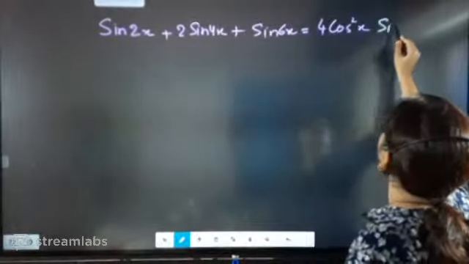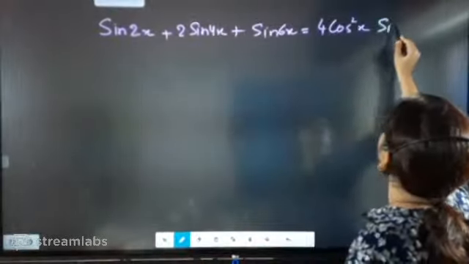Now look here, beta, first focus on what you have to bring here. You have to bring sine 4x. In the question sine 4x is there. That means how to arrange this to get sine 4x. So first I will go towards the LHS. In the LHS, I will write sine 2x plus 2 sine 4x plus sine 6x.